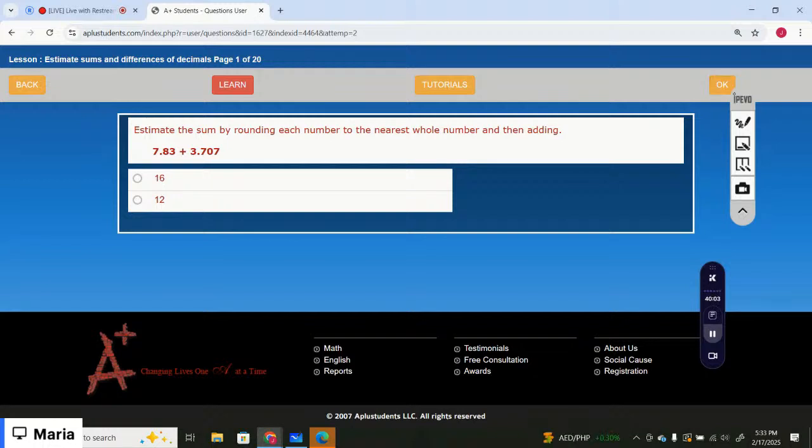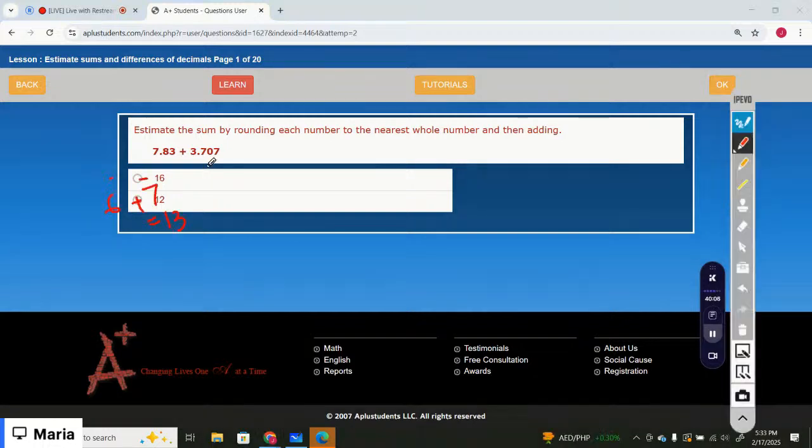So let's just round them off first. 7.83. The very first digit right after the decimal point is 8. So 8 is greater than 5, so you need to round up. So it would be rounded off to 8.